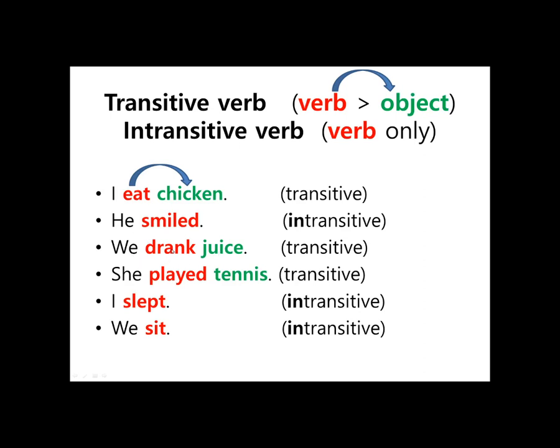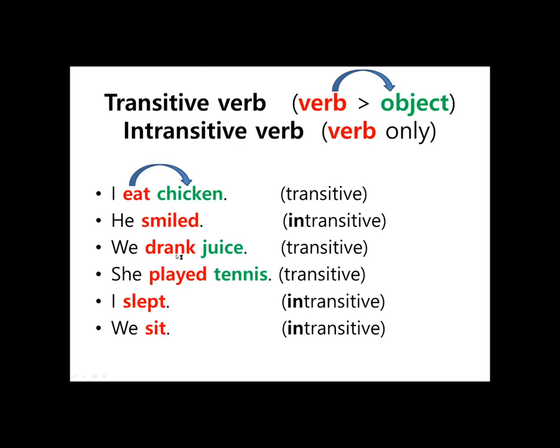We have the action here, and it's acting on this object noun, juice, so this is transitive. She played tennis. We have the action, the verb, and the noun, the object, so this is transitive. I slept. There's no noun, there's no object, so that's intransitive. And we sit. No noun, no object, so this is intransitive.